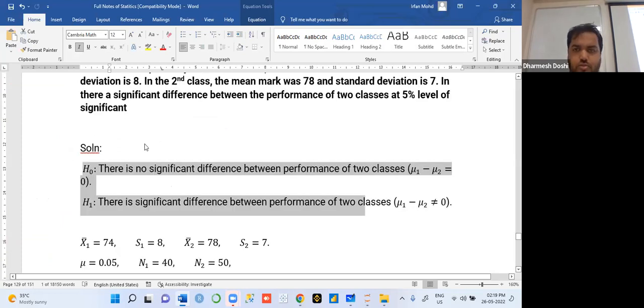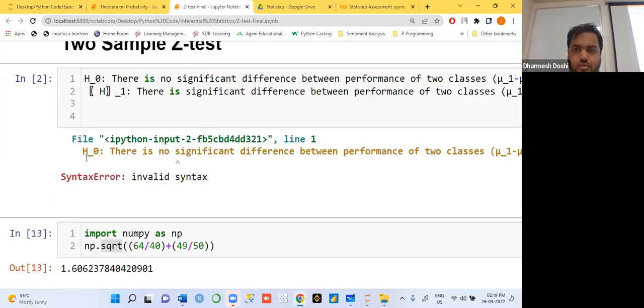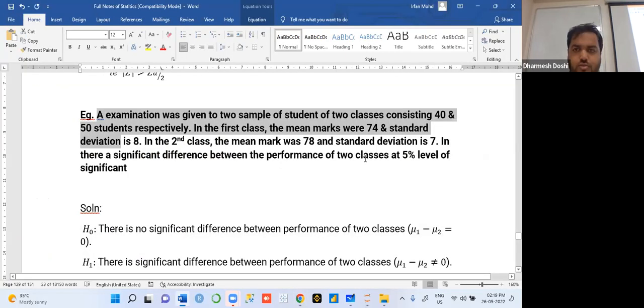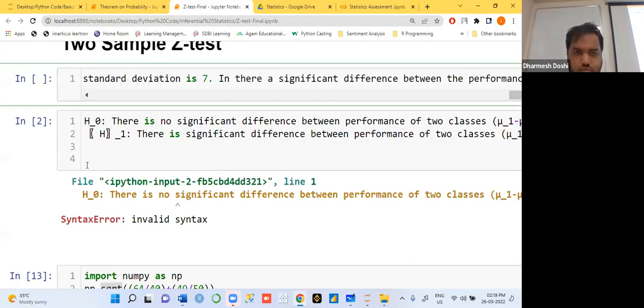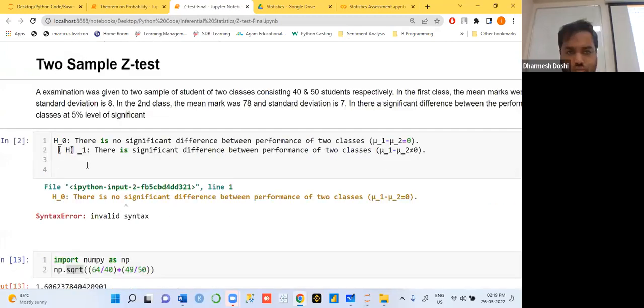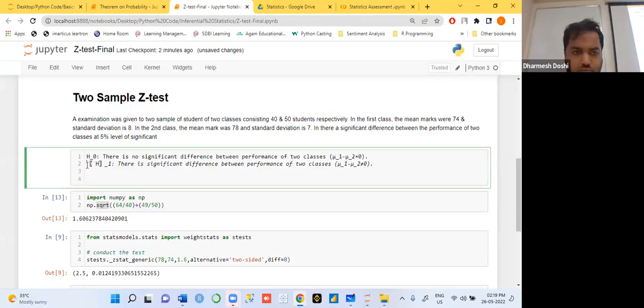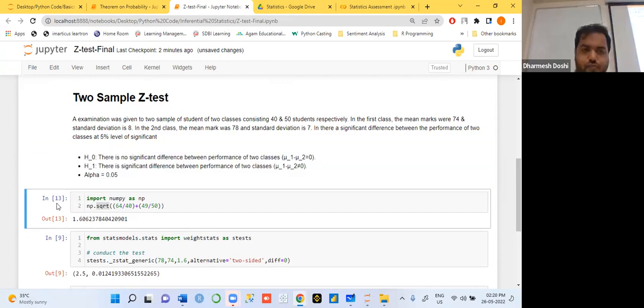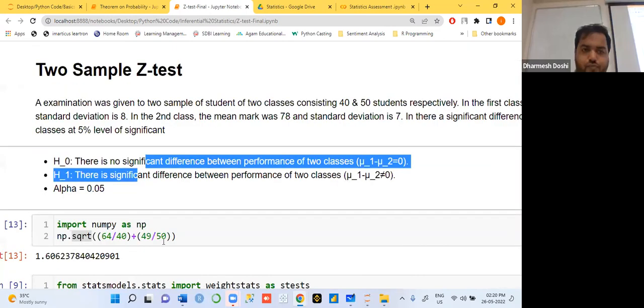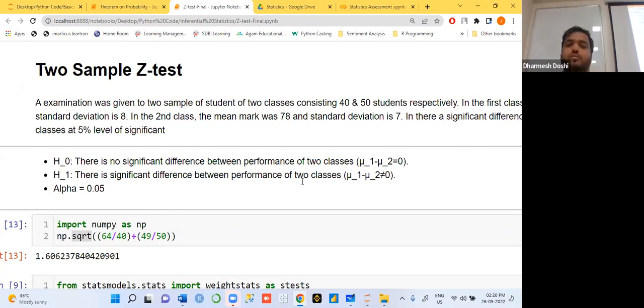An example which we have, H naught, H1. Clear, readable, guys. If I share this file with you, it is sufficient for you. It is two-sided, I've written two-sided.